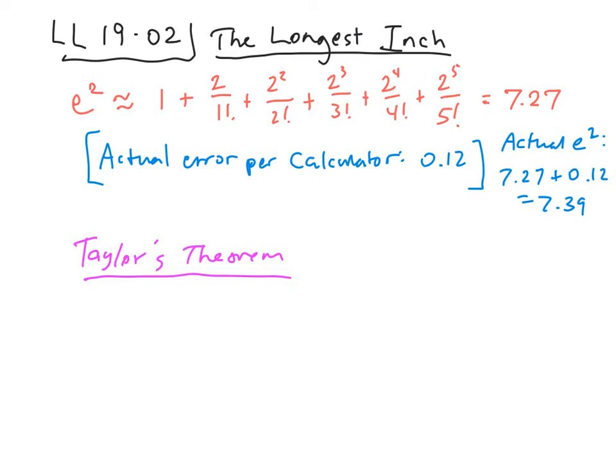By the way, in doing the research on this, I saw that there are several different versions of Taylor's theorem. This is what I would call the Lagrange version, and you'll see that name in the textbook if you take a look there. So this is called the Lagrange error estimation theorem. Okay, so Taylor's theorem says this. Suppose that f is differentiable infinitely many times.